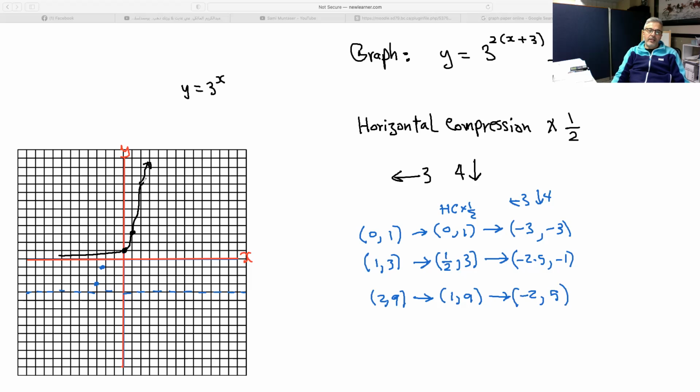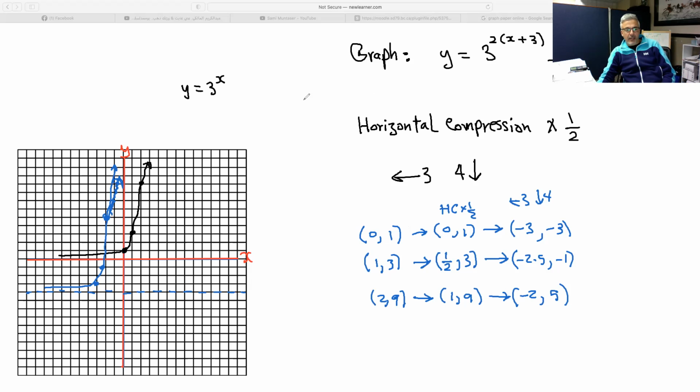So this point goes to -2 right here, and 5, which is right here. So 1, 2, 3, 4, 5. And therefore now your graph looks more like this. So this is how your new graph looks.